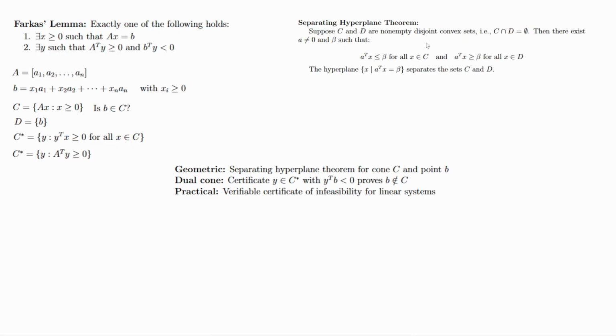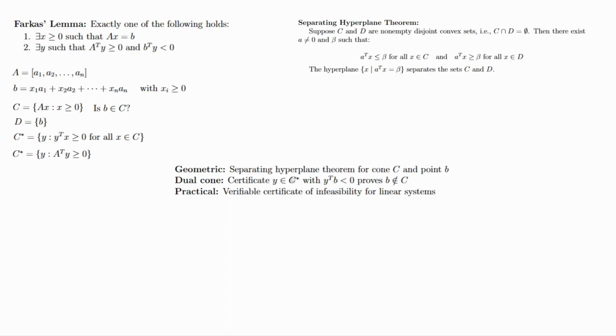But we also know that if y is in the dual cone of C with y transpose b less than 0, that also proves that b is not in C.